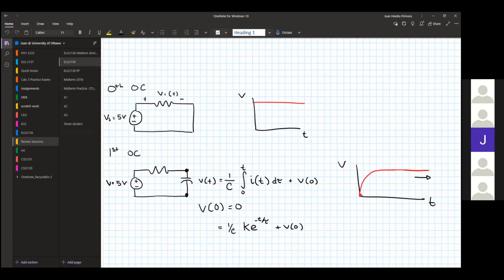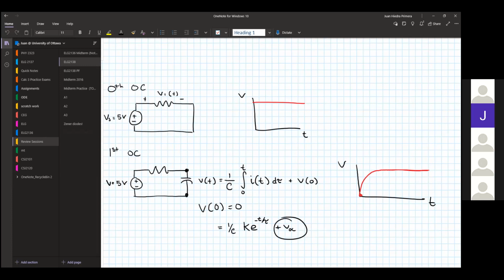Or in this case, it's going to be a different V value, V OC. As this value gets larger, we just approach V OC.